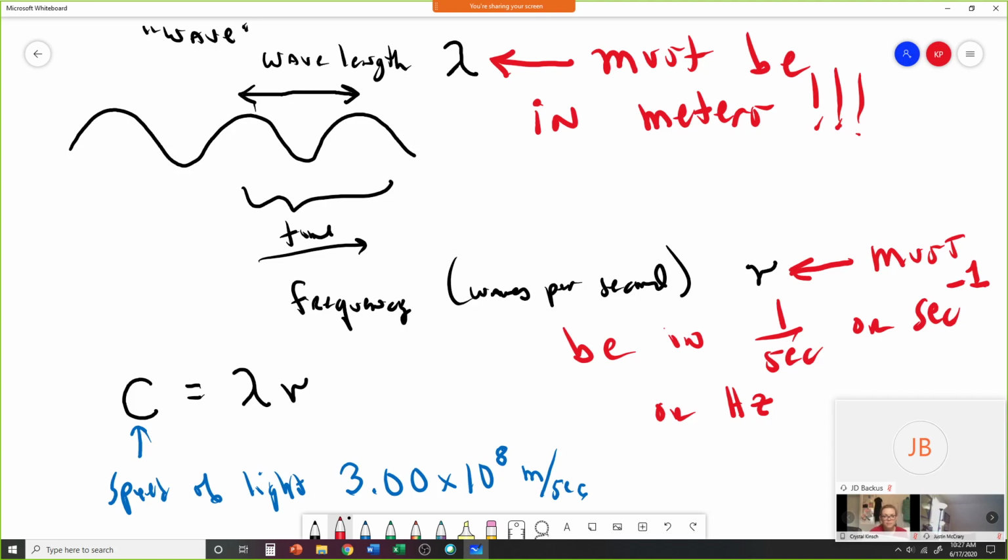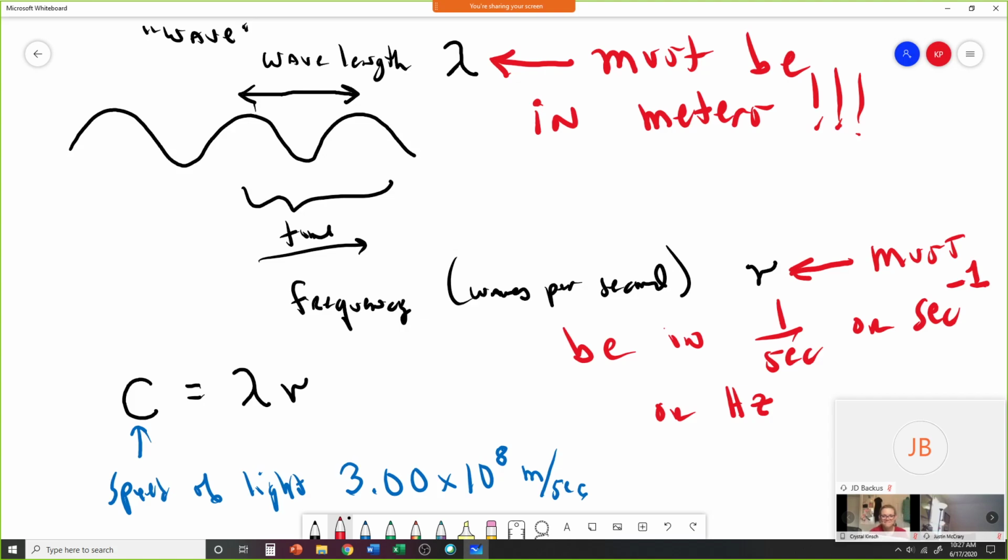A lot of these fundamental things, like the nature of light, and when we get into gases, we'll talk about velocity of gas particles, they have to be in SI units. If you use units other than SI units, you will get an answer, and it will be answer C, and it will be wrong.